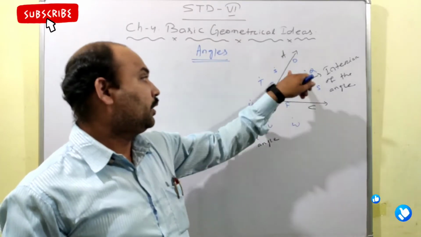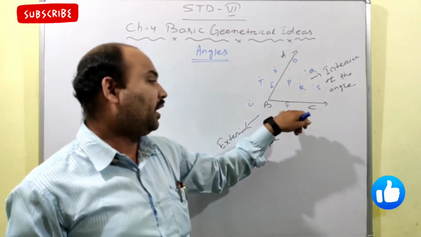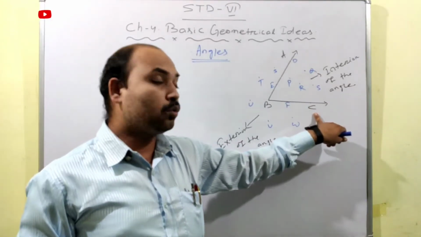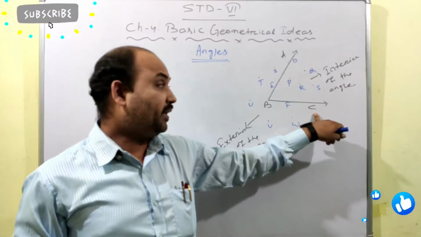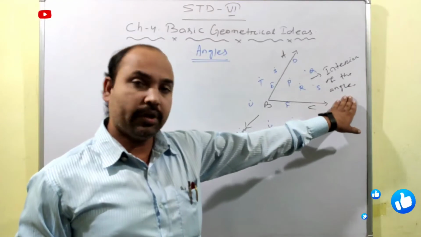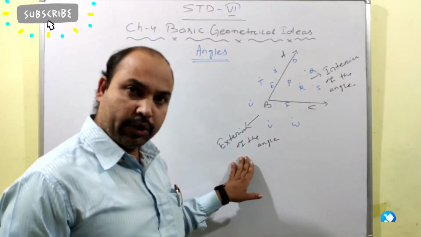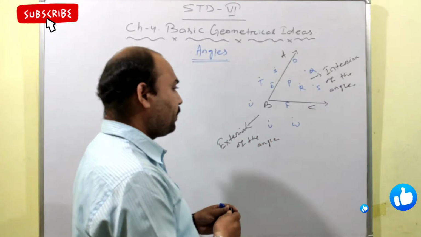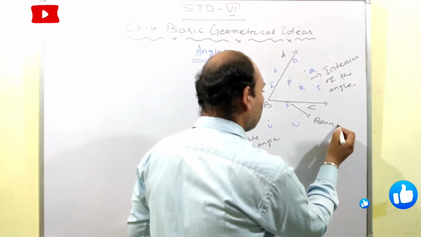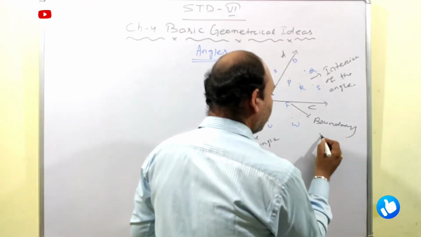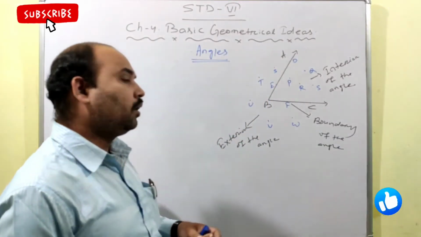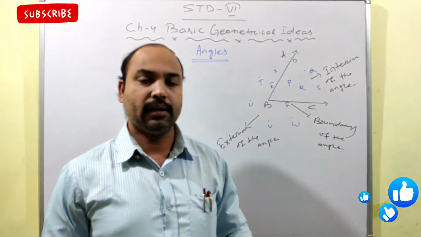Then next, the points D, E, F, C are on the boundary, or on the angle. It means the total plane is divided into three parts. One, the interior of the angle; another, the exterior of the angle; and this one is the boundary of the angle, or you can say on the angle.